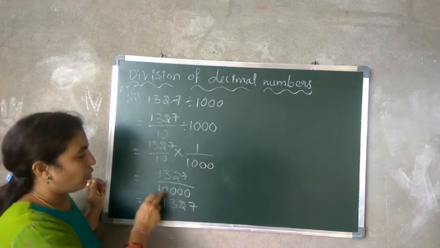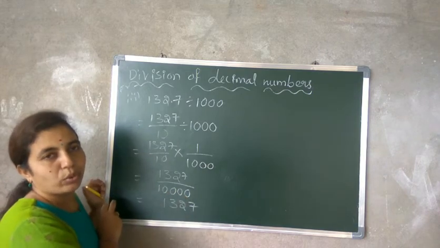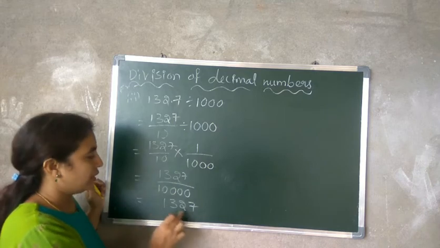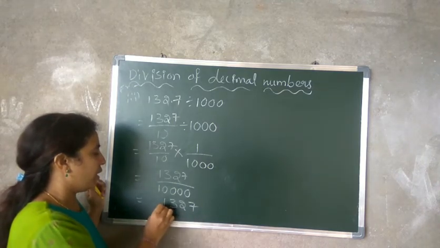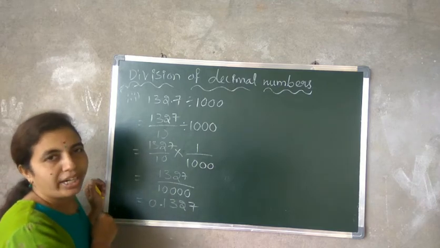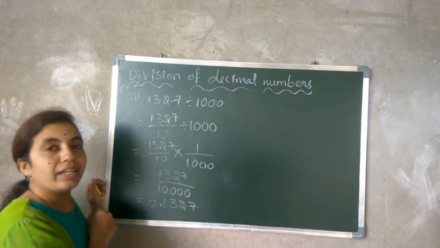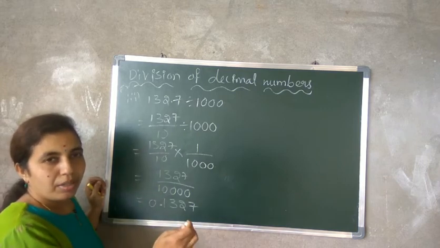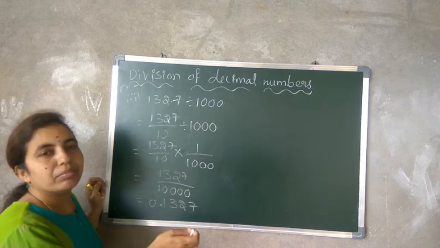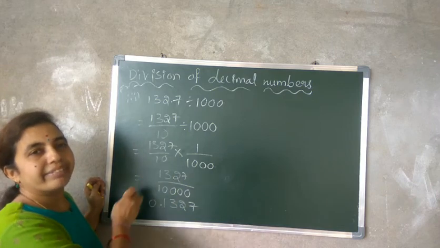Now 4 zeros, so 4 digits before, you have to keep the decimal. Count 1, 2, 3, 4 and the point. The answer is 0.1327.